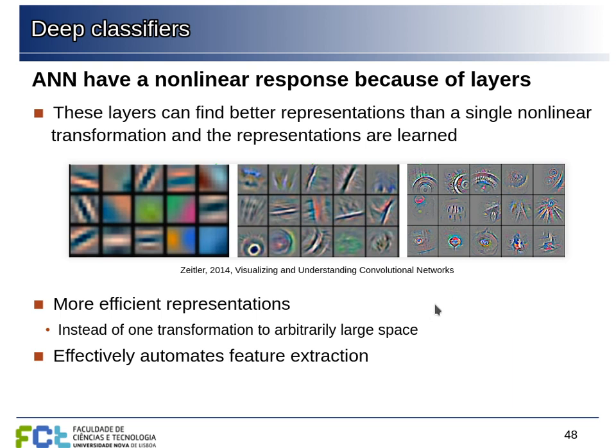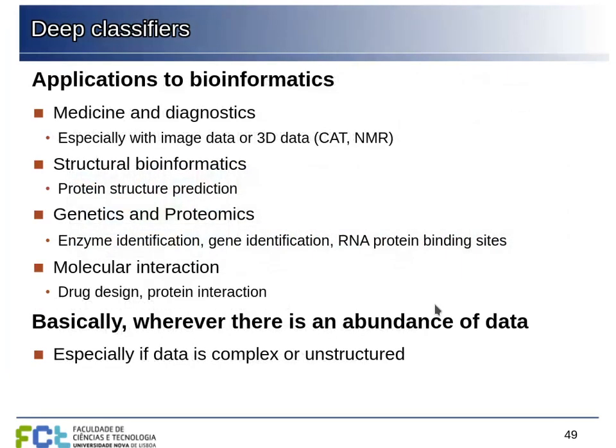So this effectively automates those steps of feature extraction, of transforming the data and putting it into some useful representation, because all of the layers are learning simultaneously how to do this in order to best solve the problem of minimizing the loss function.